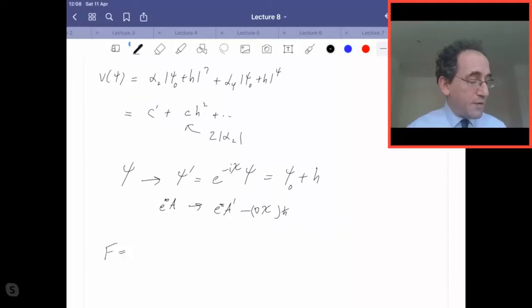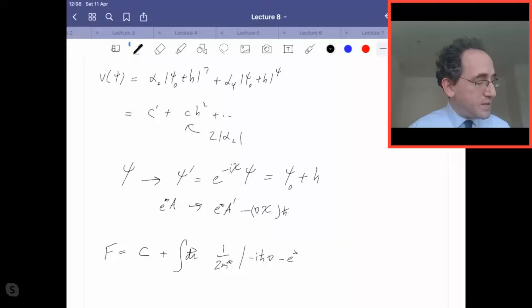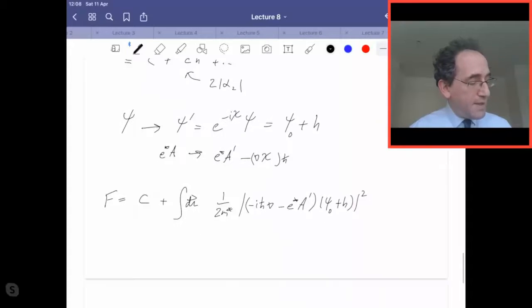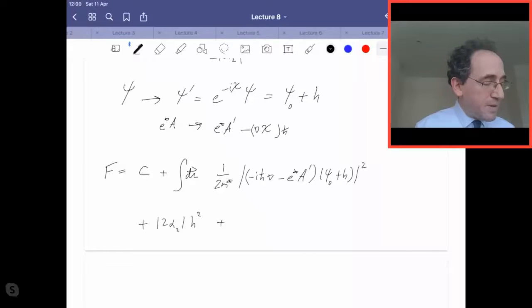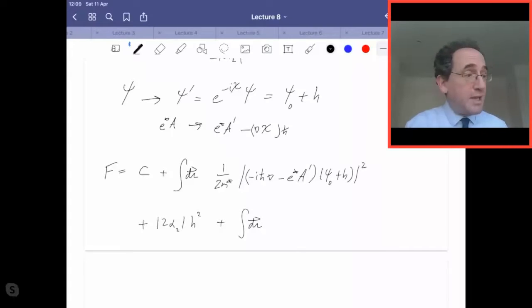So the free energy here, if we plug in these new parameters, we can write the free energy as some constant, there'll be an integral dr. Then we have a leading term, 1 over 2m star, the kinetic term, rather, h bar gradient minus, I guess, e star A prime, and then it's going to be psi naught plus H quantity squared, and then the potential term, the potential going up the hill, is 2 alpha 2 H squared, and then we always have the electromagnetic terms, which look the same if we write them in terms of B and E.